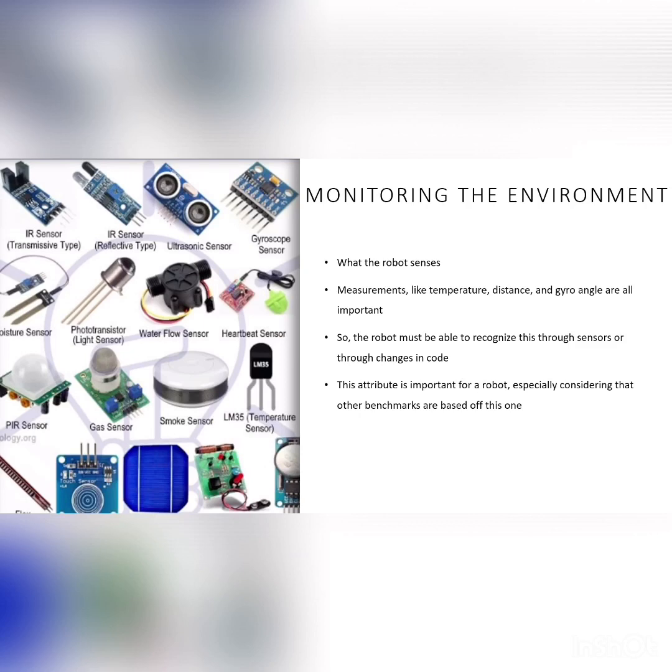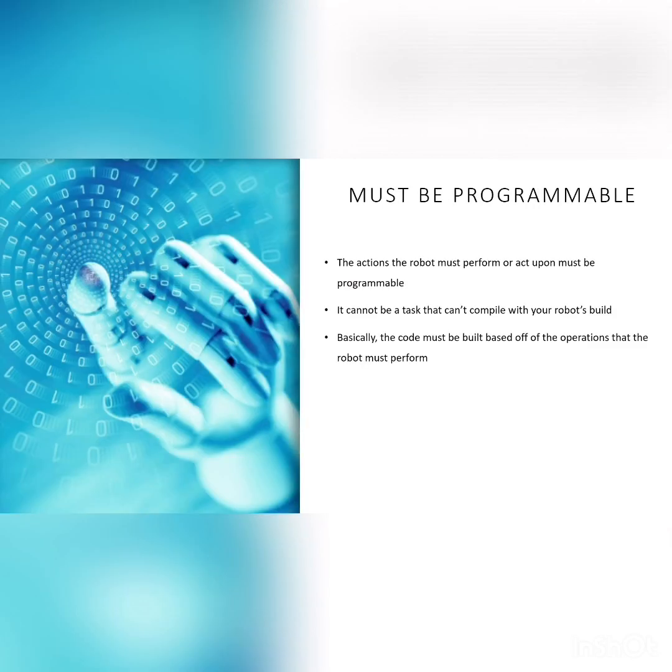Smoke sensors, we have a lot of those, smoke detectors, everybody has those. If there's a certain amount of smoke, it'll start sending out an alarm to the firefighters. So the robot must be able to recognize this through sensors or through changes in code. This attribute is really important, especially considering that other benchmarks are based off this one.